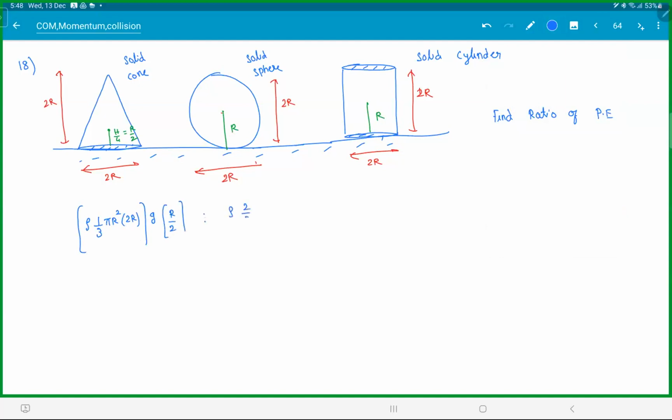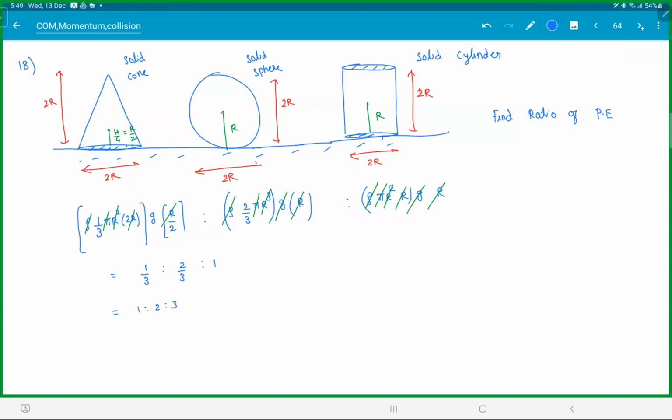This is rho 2 by 3 pi r cube g r. Rho pi r square into r g r. Rho pi r cube g goes off, r also goes off. Rho pi r cube goes off, rho pi r goes off. You're left with 1 by 3 is 2, 2 by 3 is to 1, 1 is to 2 is to 3.